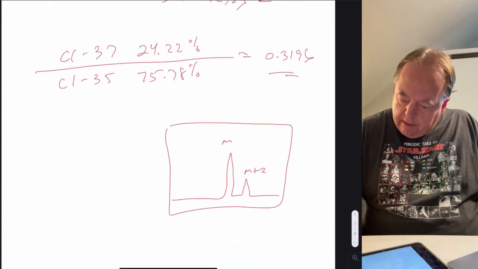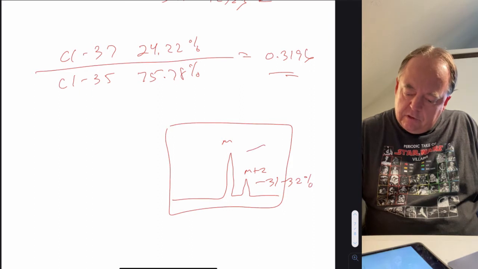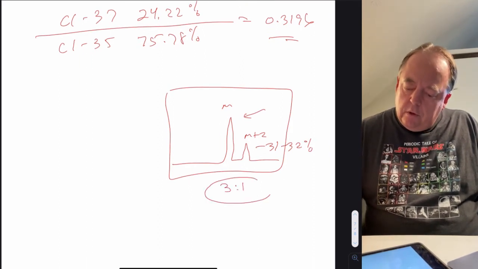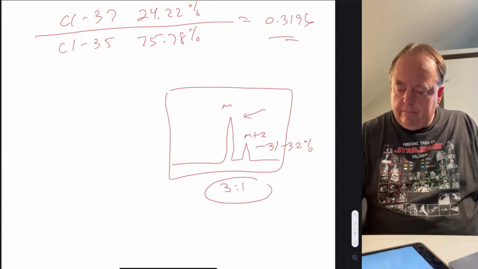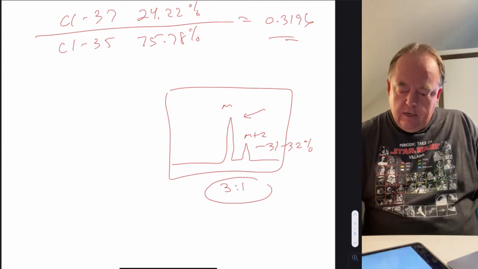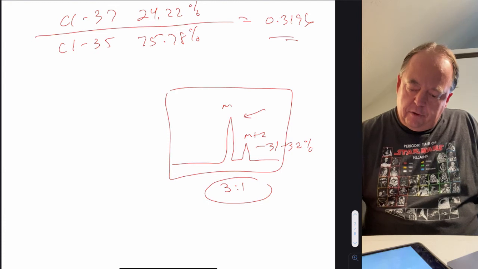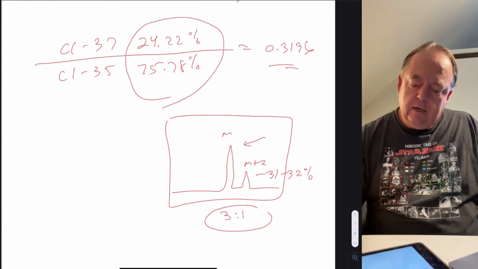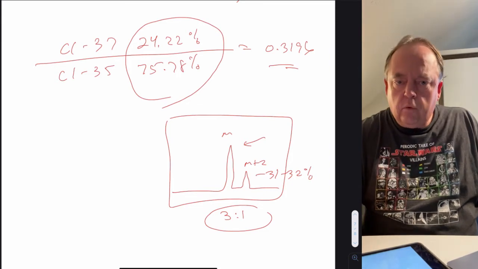This peak is about 31 to 32% of the height of this peak. So when you see chlorine in a molecule, the M and the M+2 peaks are in a 3-to-1 ratio. It's because of this ratio right there, because it's about a 3-to-1 ratio in nature.